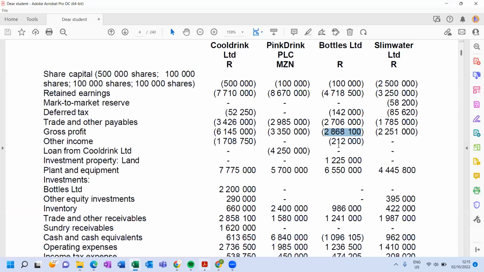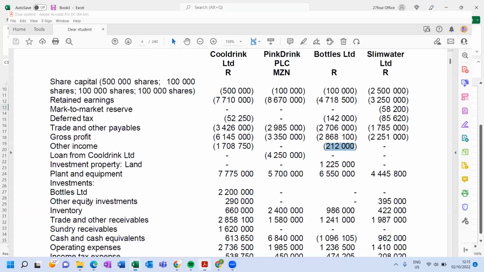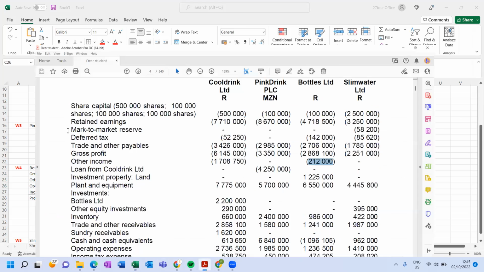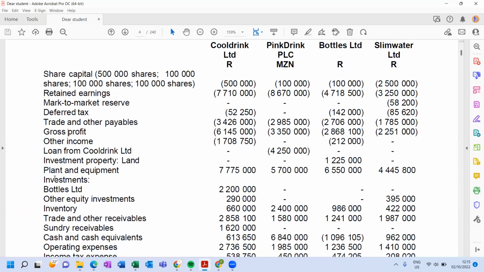So if I go back, then other income is 212. Then we have operating expenses. We have gross income, other income. If we go all the way down, here we can see operating expenses and income tax.